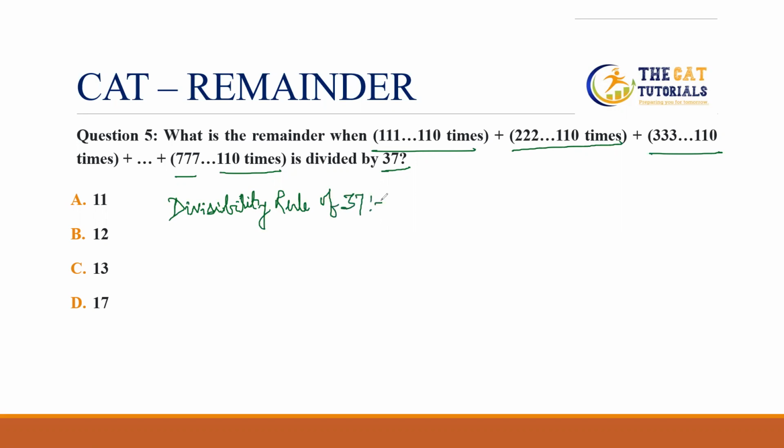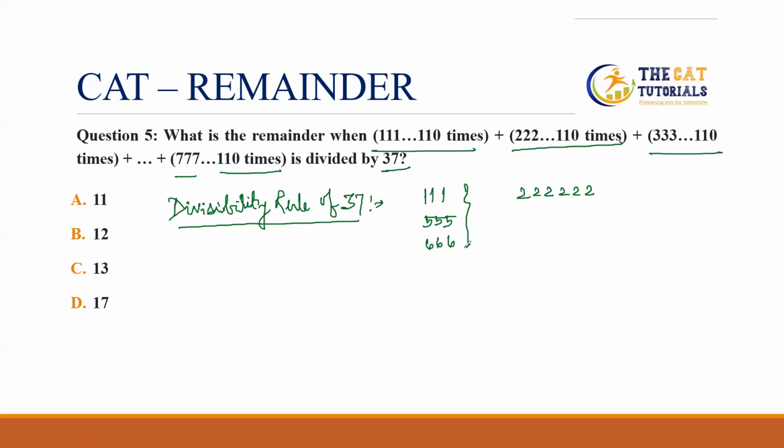This rule suggests that when we write any single digit 3 times, or 6 times, such a number is always divisible by 37.